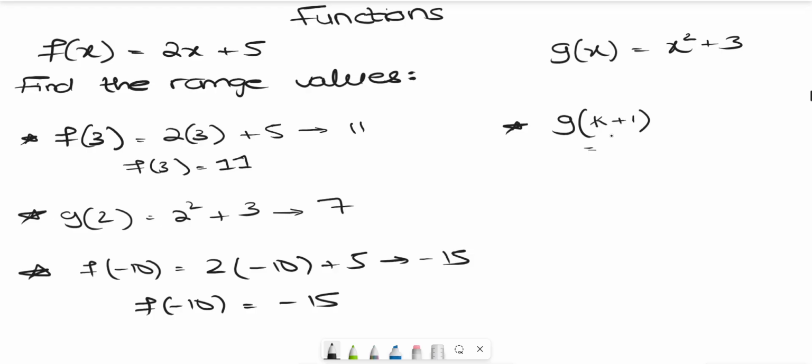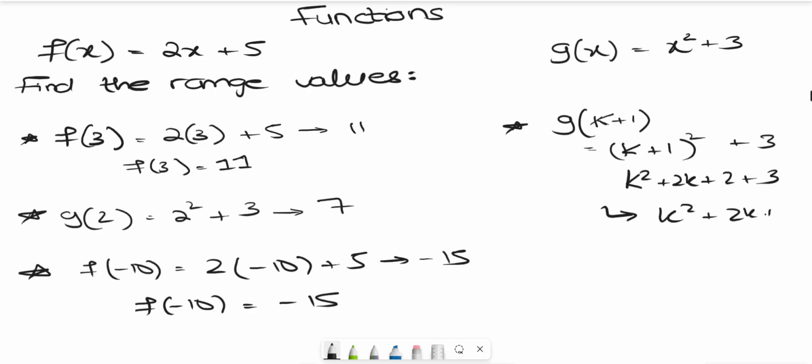We don't know what k is right now, but what we know is that we have to expand this bracket. Plus 3. So this will be written as k squared plus 2k plus 1 plus 3, or k squared plus 2k plus 4. This is the value of the range when the domain is k plus 1. Understand?